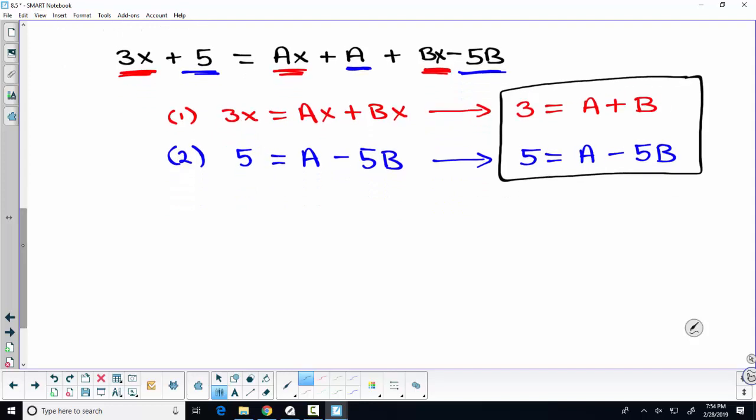We'll still refer to this as equation 1, and this as equation 2. So we can take equation 1, solve for B, plug in equation 2. We can take equation 2, solve for A, plug that into equation 1. Or we could eliminate A by just subtracting these two equations from one another.